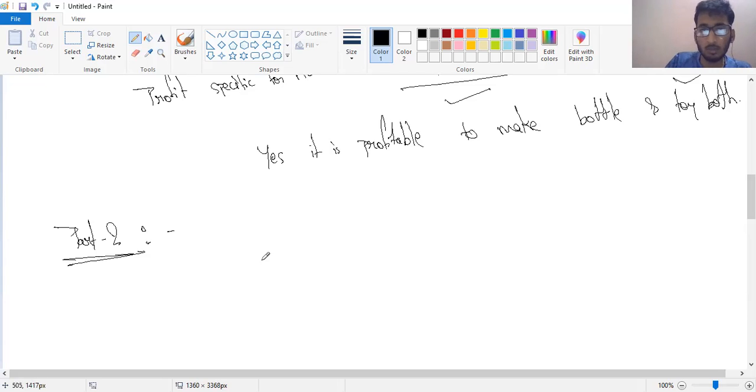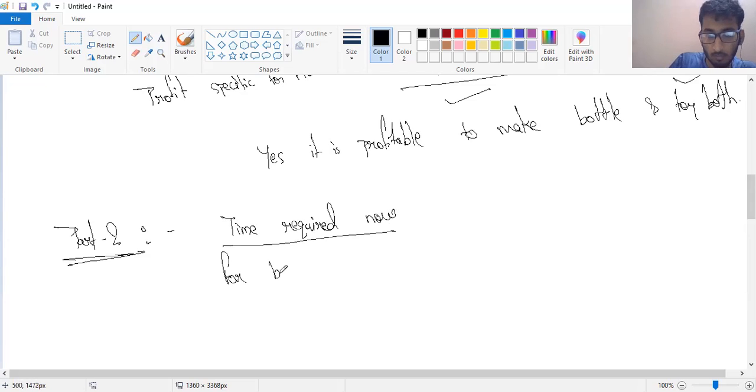So just see once, the time required now for bottle, what would be the time required? For 4 lakh bottles, in 1 hour I can make 40 bottles.